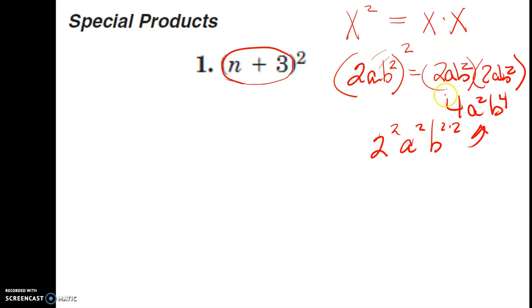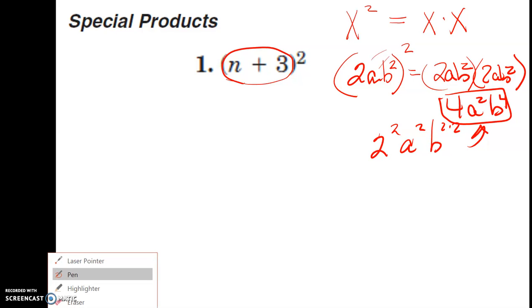So what we don't want to do is confuse this problem with some of the things that we have been doing in the past. We really need to keep in mind that anything raised to the second power means I need to multiply it by itself, 2 times.